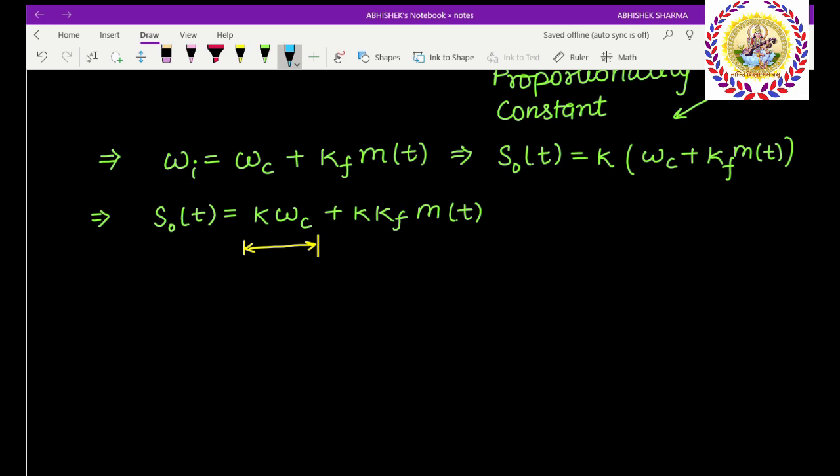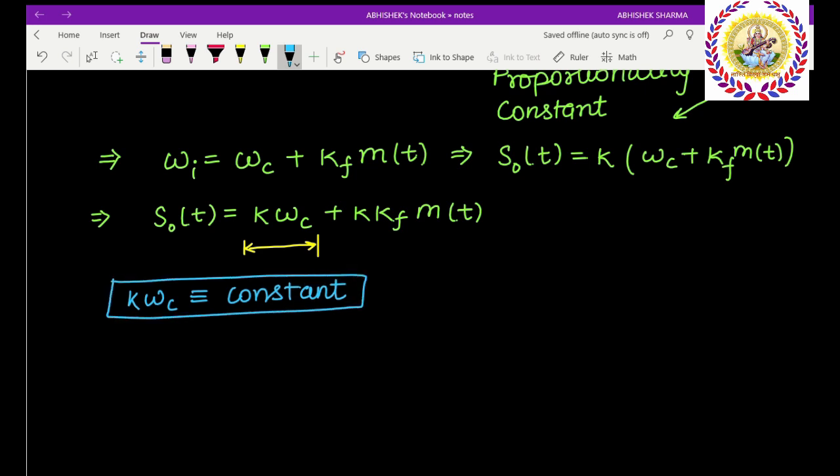Note that K omega_c in this expression is a constant term. We have already considered that the incoming signal first passes through the differentiator, that is the high pass filter, and the arrangement of the high pass filter is such that it cannot pass any DC component towards the output. So we can say that the term K omega_c is a constant DC term which we can ignore.